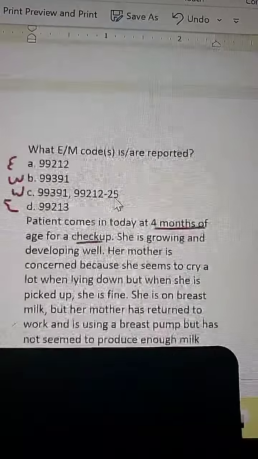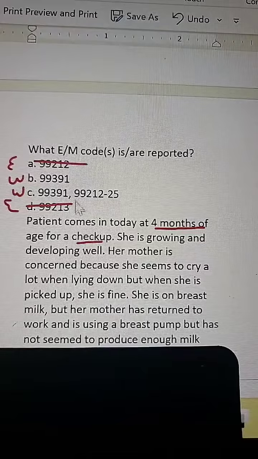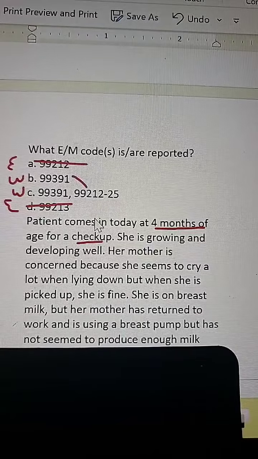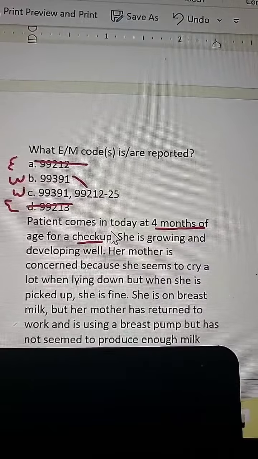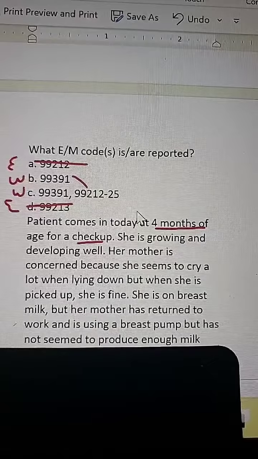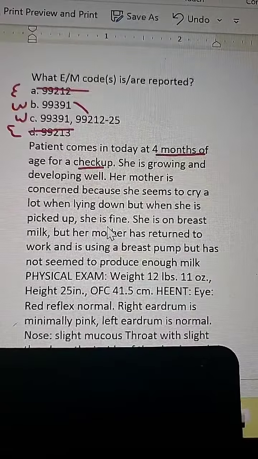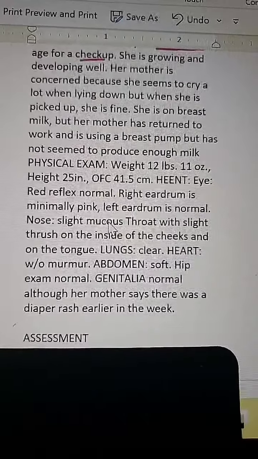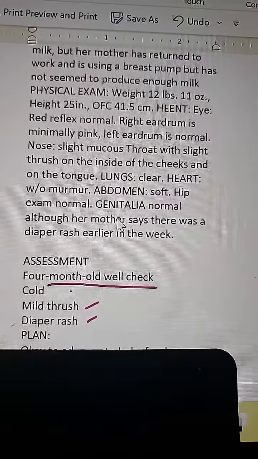So if we're going to do a wellness exam, which one? Do you code it by itself or do you code it with an office visit also? There's a guideline attached to that. All wellness exams have no chief complaint. There should be no chief complaint. When you come in for your wellness exam, you should feel lovely and wonderful with no issues.